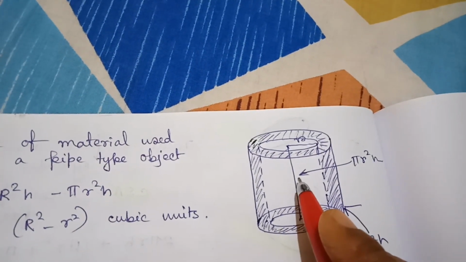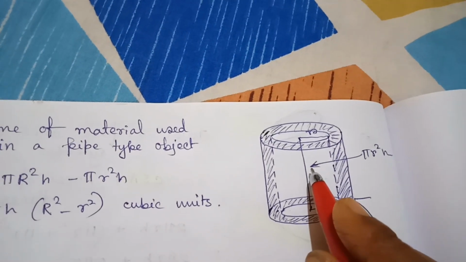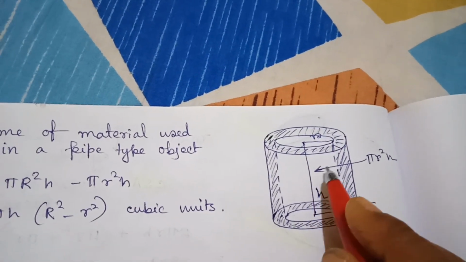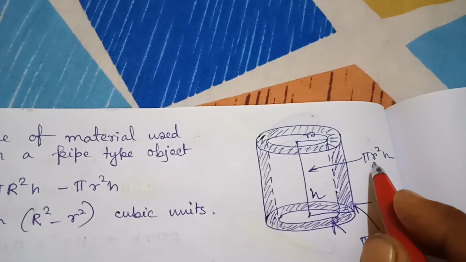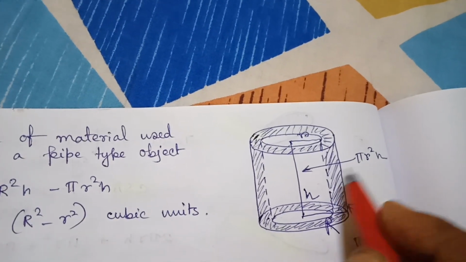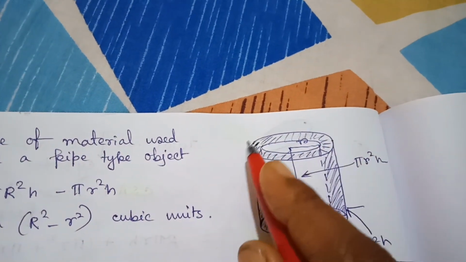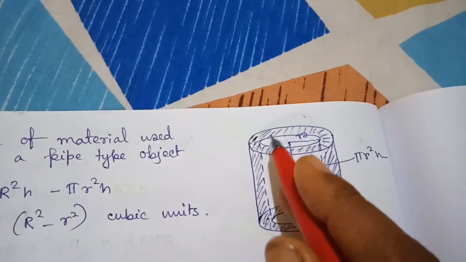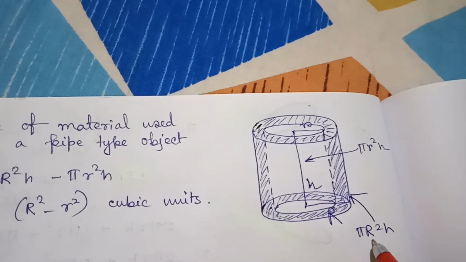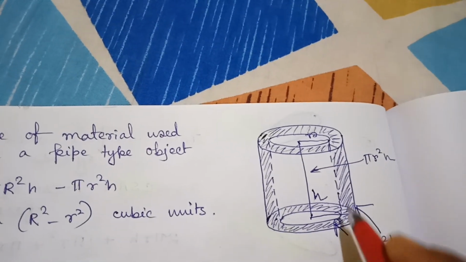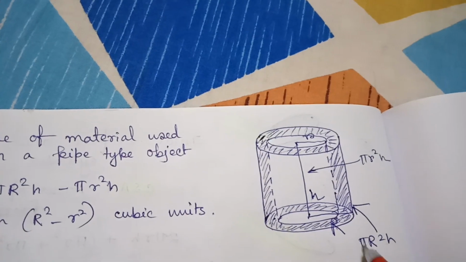So volume formula is pi r square h. That means this empty part's volume is pi small r square h. But if we are taking the volume of the whole, then we are getting volume is pi capital R square h. So the whole volume is this.